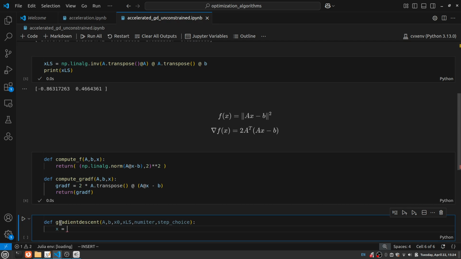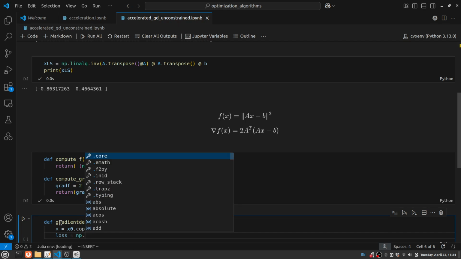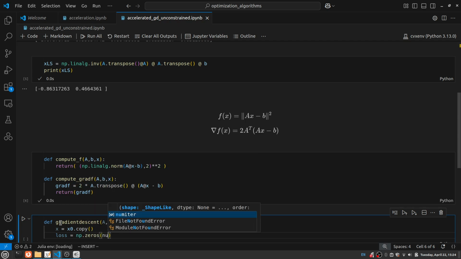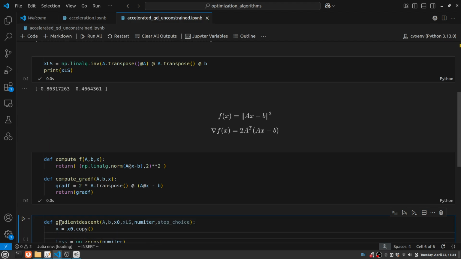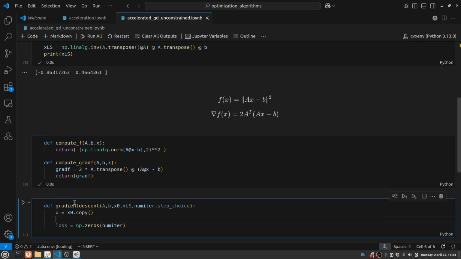So let's take x to be equal to, now I need to choose the step size. I'll also find the optimal squared error.